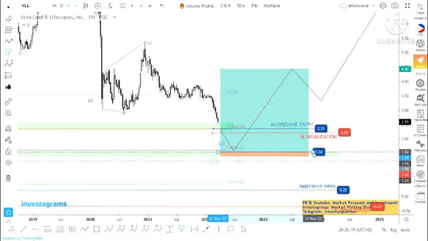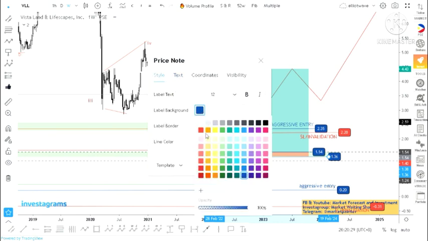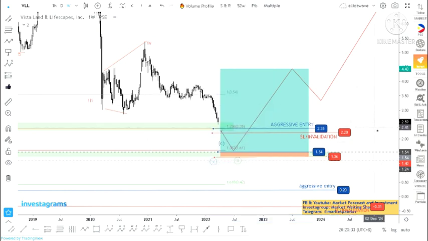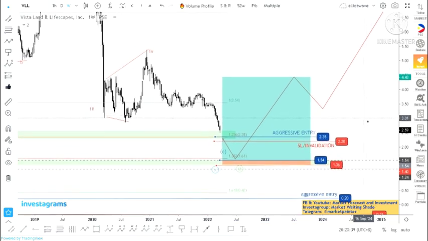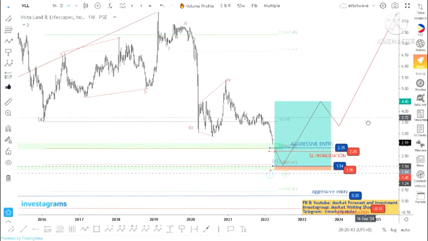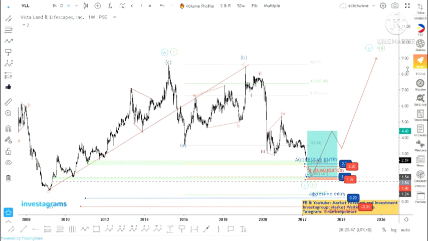If the support in the upper green level is broken down, we still have good areas to consider as our next area of interest. Here we label and show that the lower prices are also valid aggressive entries when our first bias is invalidated.